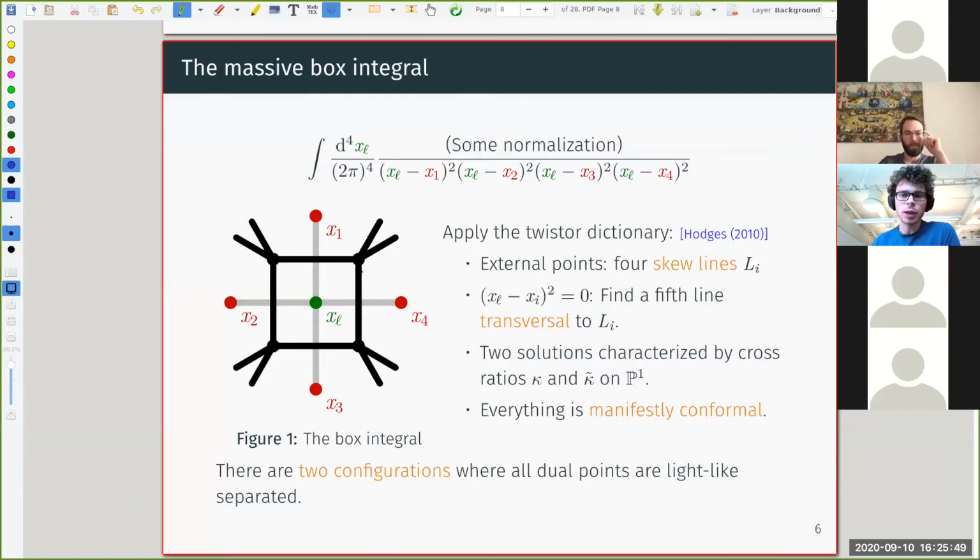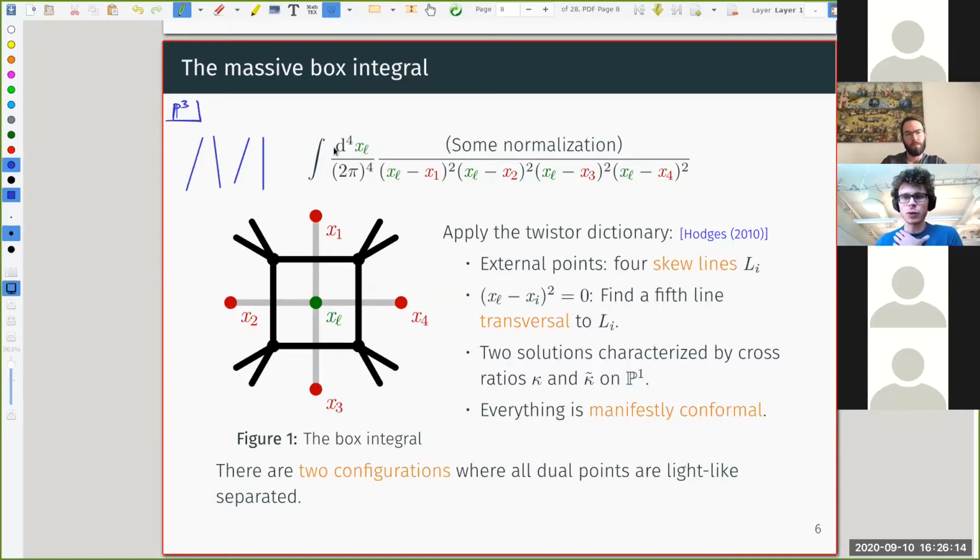Now I want to apply this dictionary. I have four external points, 1, 2, 3, 4. If I want to draw the picture of what this corresponds to in this P3, then I should draw four lines, and they are supposed to be skew because these corners are massive. For example, we have (x1 minus x2) squared is not equal to 0, so they're going to be skew.